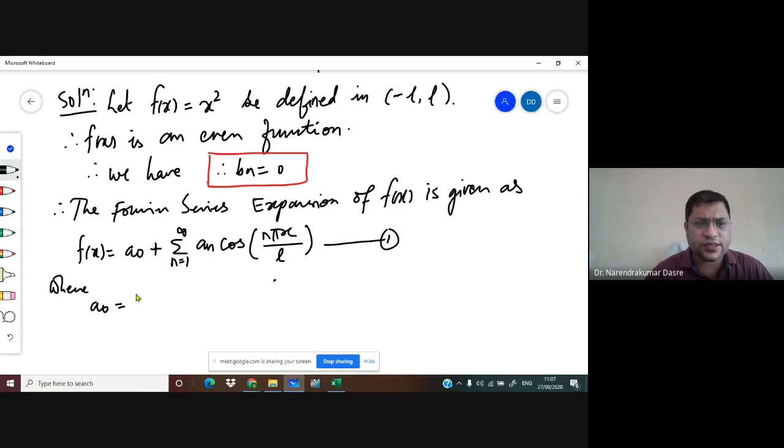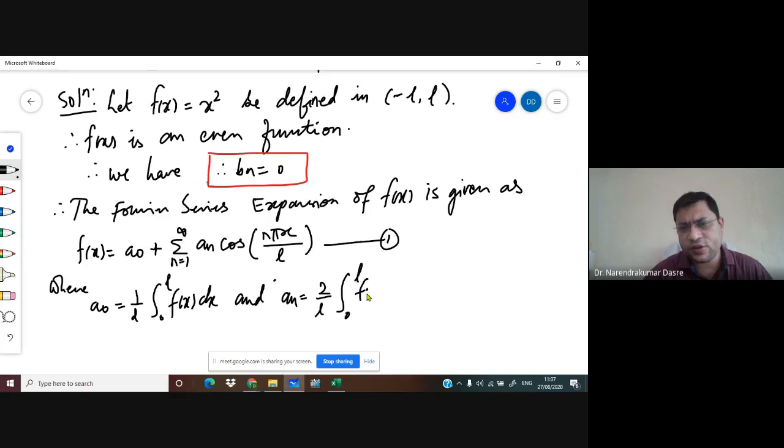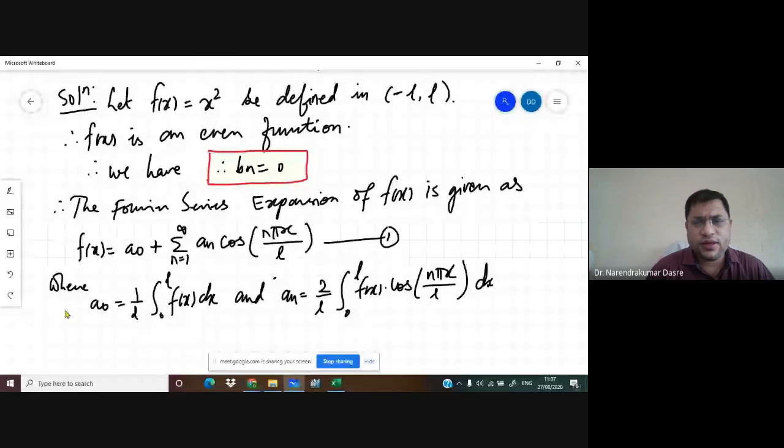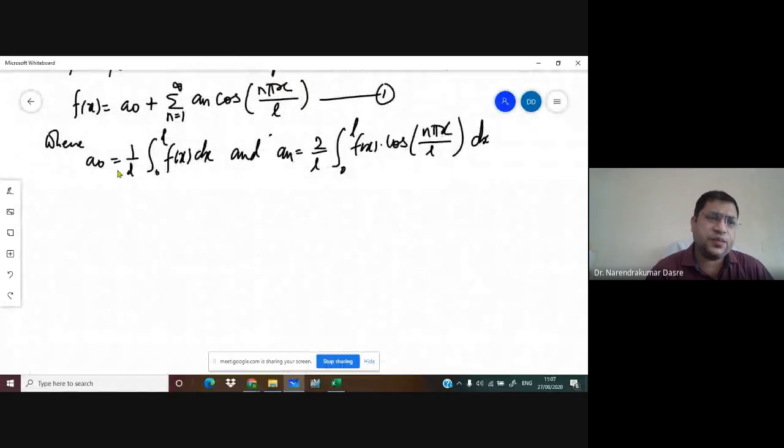So a0 is equal to 1 upon L integral 0 to L f of x dx, and an is equal to 2 upon L integral 0 to L f of x cos of n pi x by L dx. So in this example, we have to find only a0 and an.